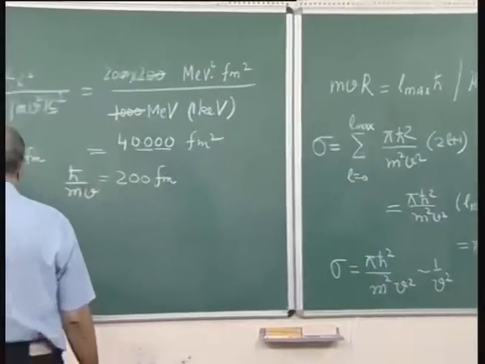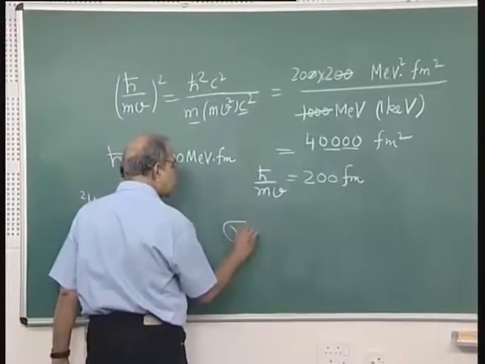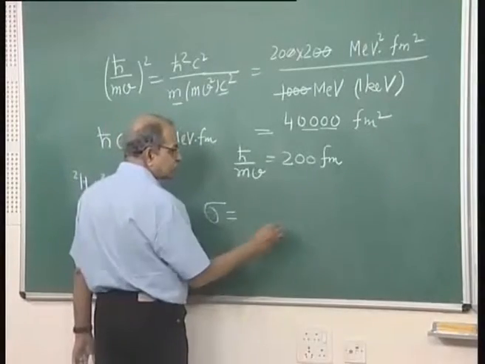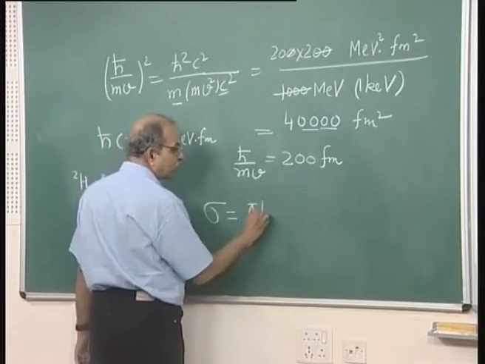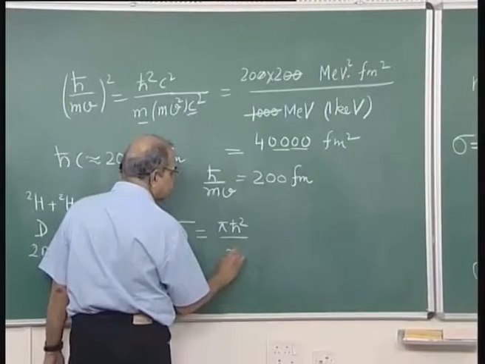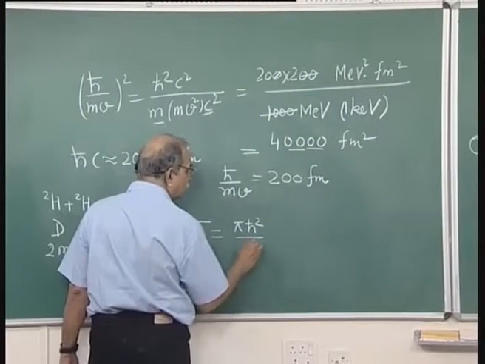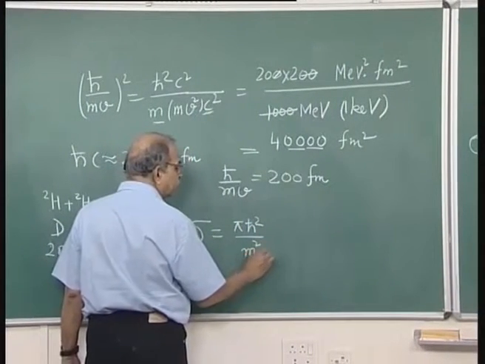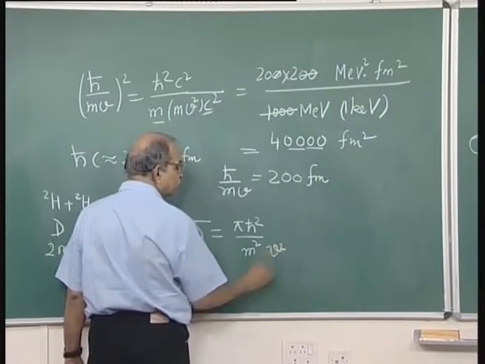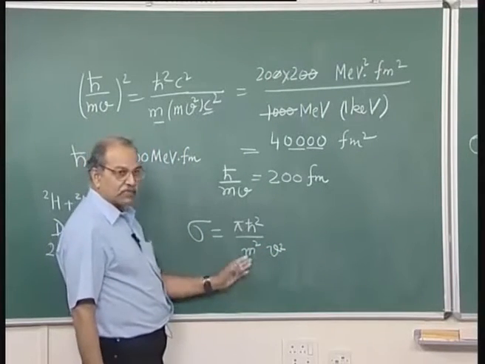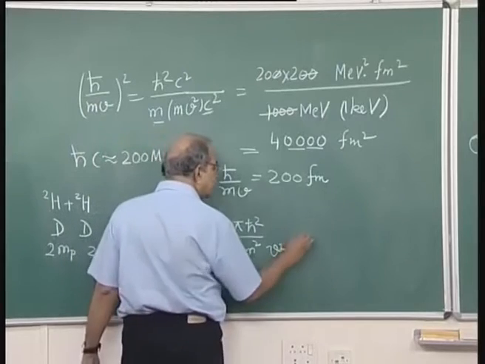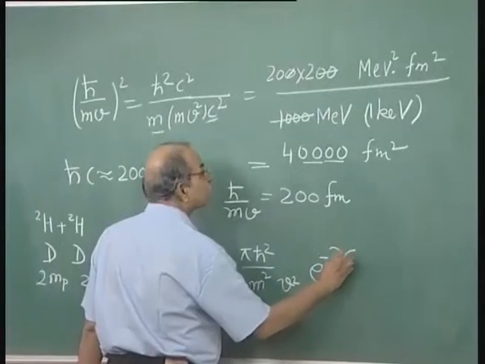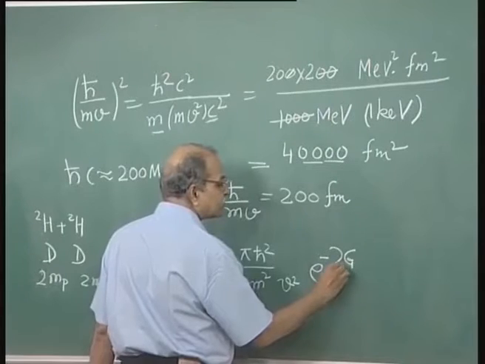So, the cross section therefore has two factors. One is this 1 by v square, say pi h cross square by m square v square. Do not go on the exact expression, the important thing is that it is something constant multiplied by 1 by v square, and then e to the power minus 2g, and g itself contains velocity.